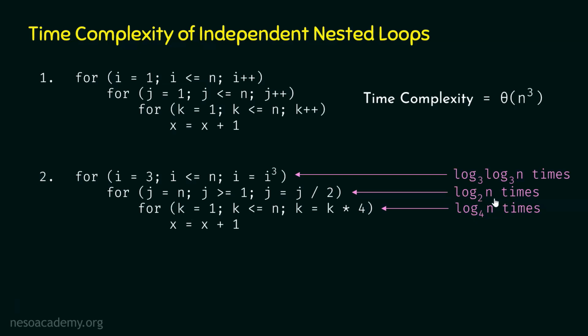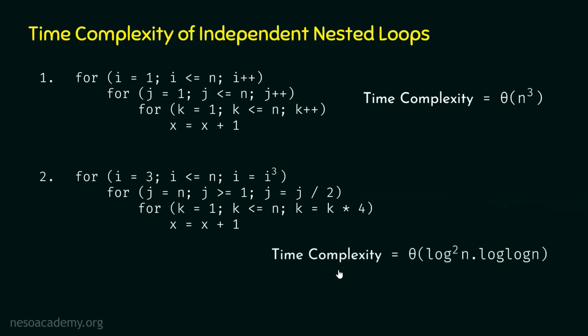And we now need to multiply log square n by log n. So the time complexity of this entire for loop structure is theta of log square n times log n. So clearly, the time complexity of this entire independent nested loop is theta of log square n times log n.